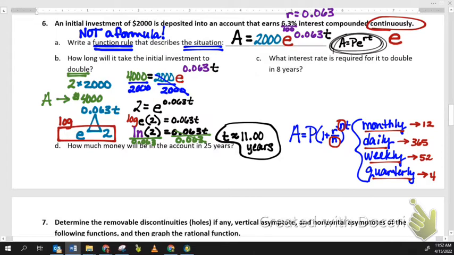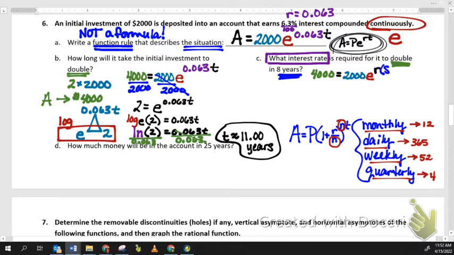Part C, you would do almost the exact same way. We still are interested in it doubling. So I'm still going to have that 4,000 equals 2,000 e. This time they're asking me what the interest rate is, but they gave me time. So I don't know what R is for this part.